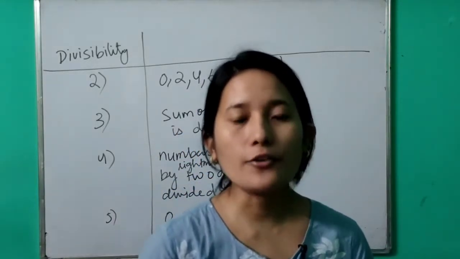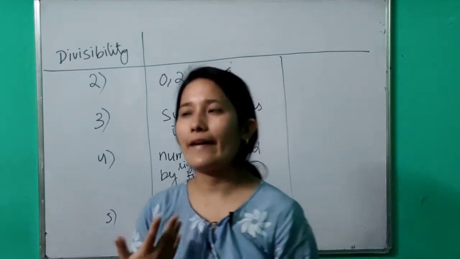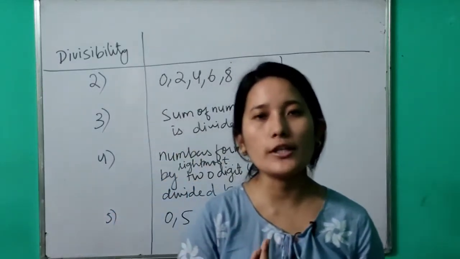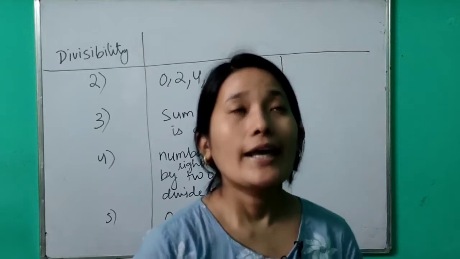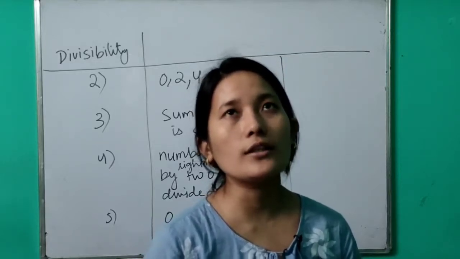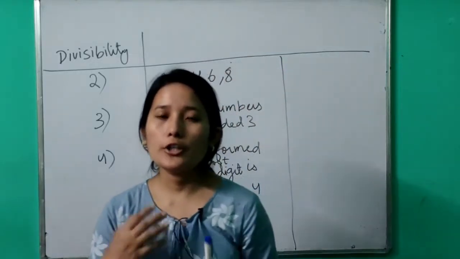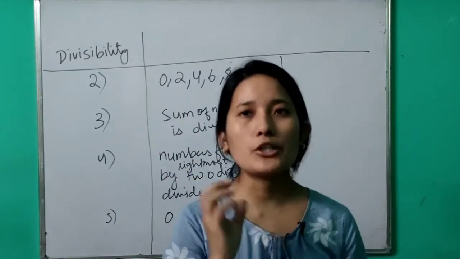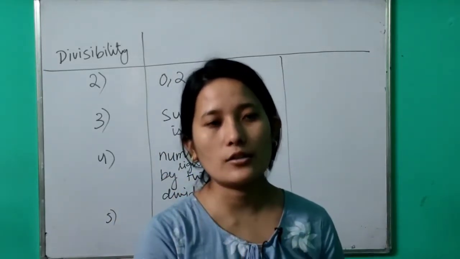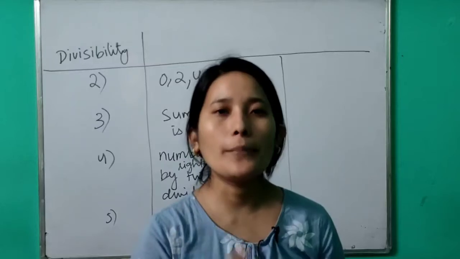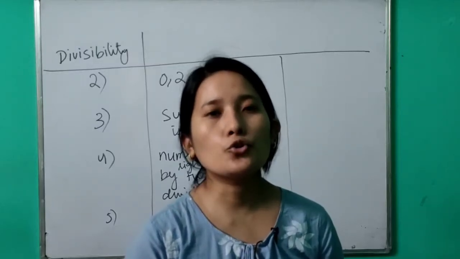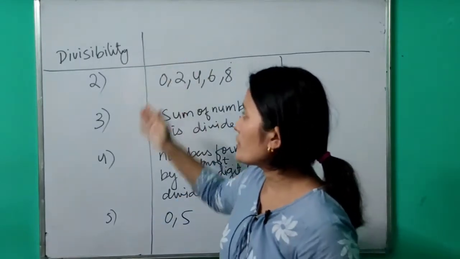Now, as we know, while finding factors or multiples, we usually conduct division. If we have a number with more than 2 digits, in order to find out whether a particular number divides that 3 or 4-digit number completely or not, we can go through this particular table of divisibility.